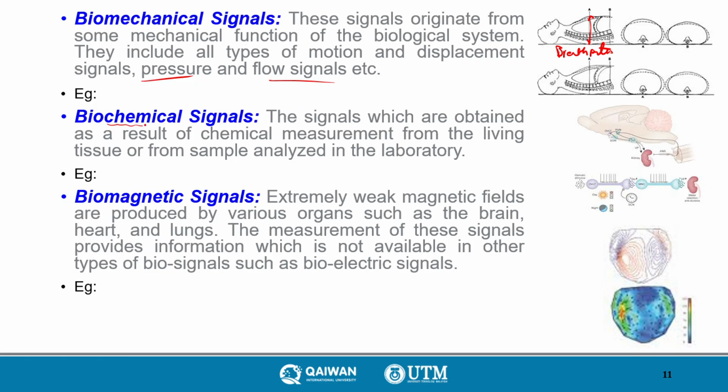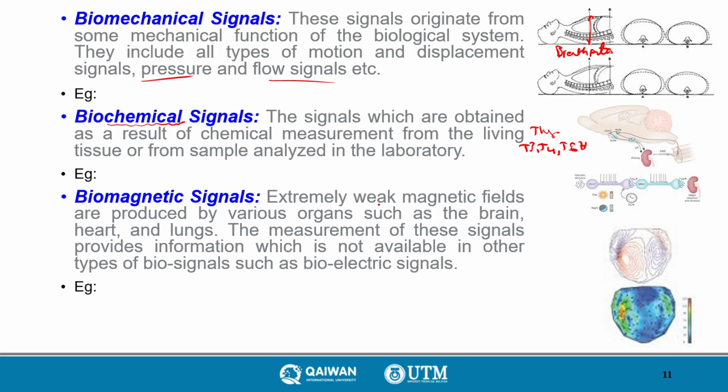For the biochemical signals, these signals are generated according to a chemical interaction. For example, the signals can be generated in laboratory tests, like the test of thyroid hormones such as T3, T4, and TSH.